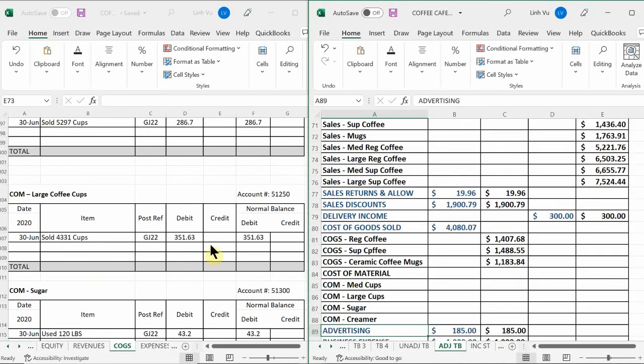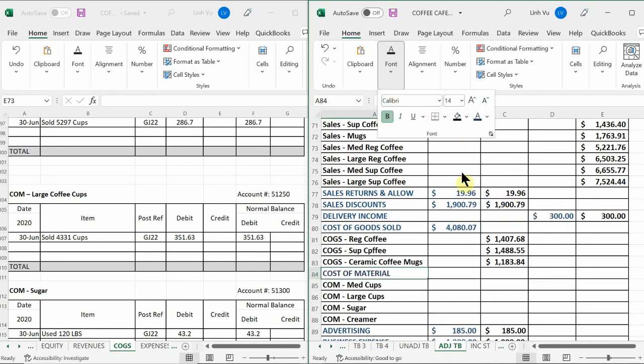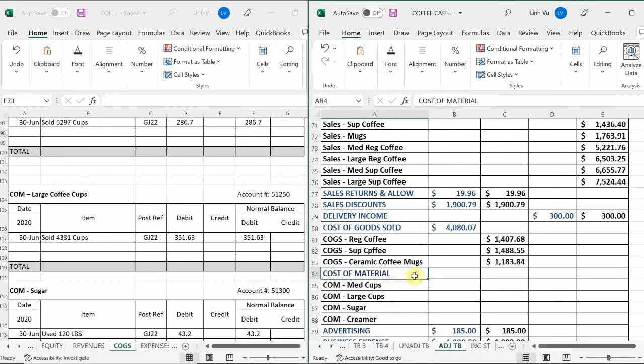Okay, so in this case, cost of materials is my main account here. I think it's the wrong color. I think it's the other one.